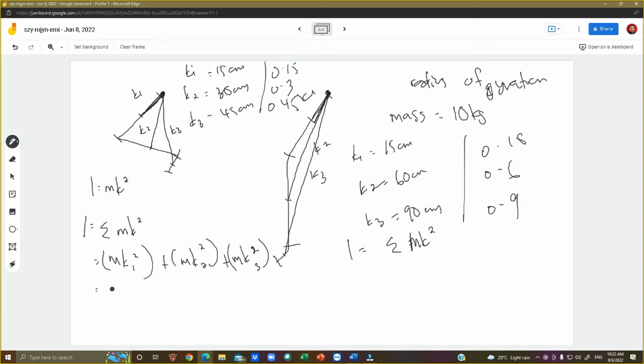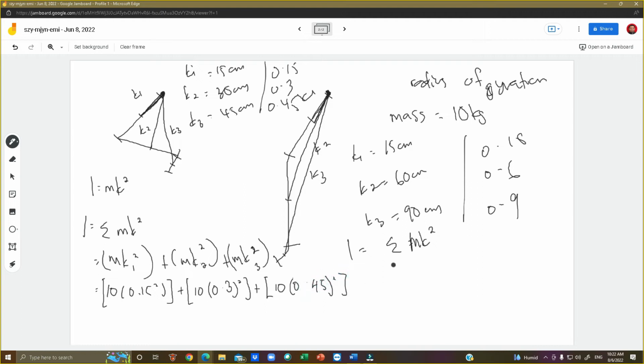Now we have M as 10, and K as 0.15 square. That is the first part, the thigh. Then for the lower leg, 10 times 0.3 square, plus the feet, 10 times 0.45 square.